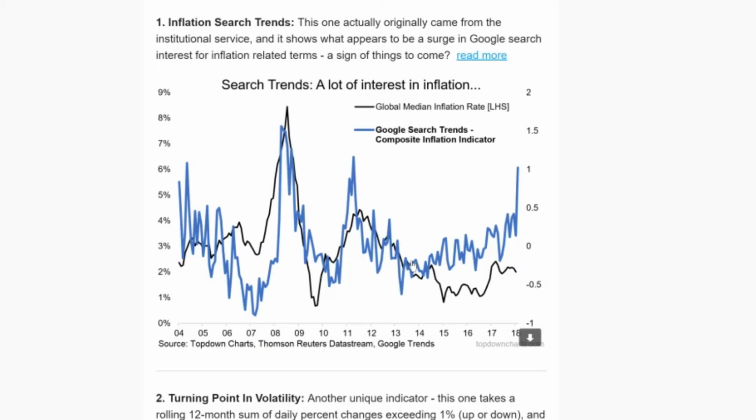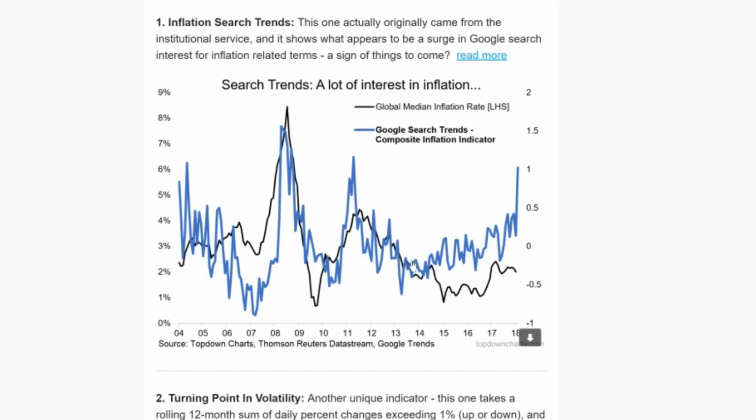What it seems to be is that there has been a big surge in interest around inflation in February. In the past, the most notable periods were 2011 and 2008, when there was a substantial run-up in inflation driven by commodities in both cases.